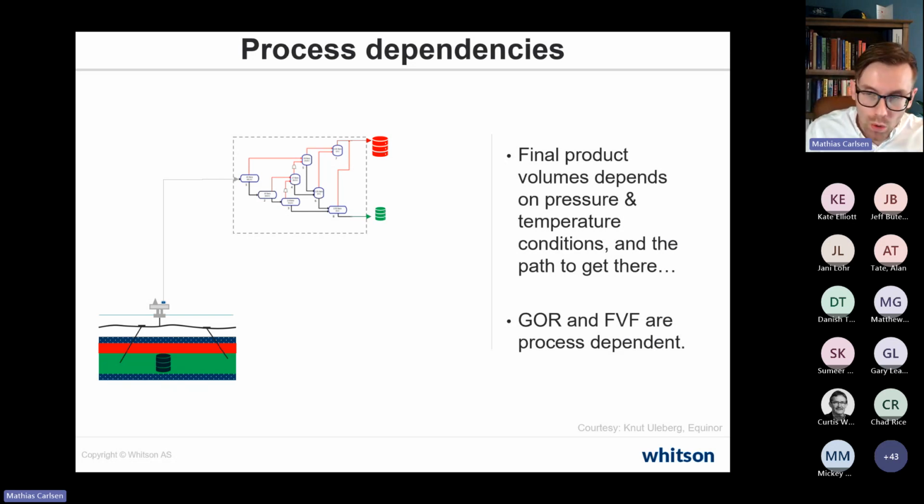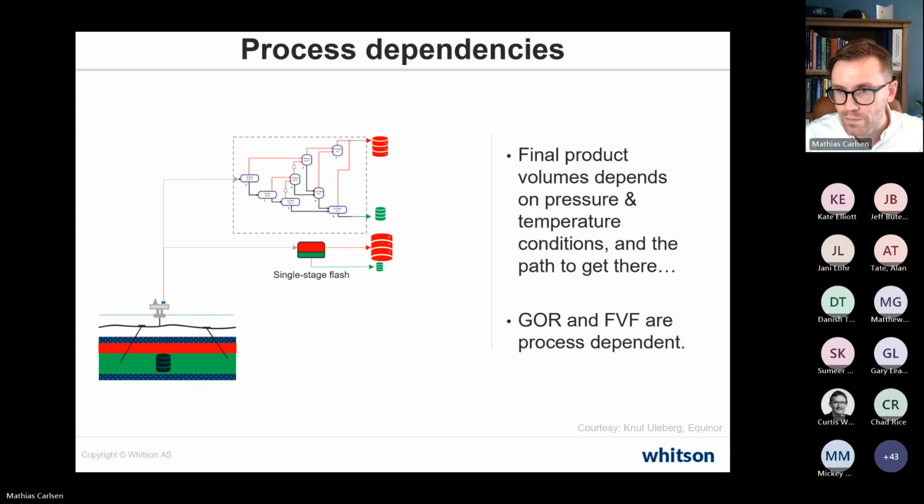So my GOR will be lower, and my formation volume factor, quote unquote the inverse of shrinkage, would also be lower. If I did the total opposite and just took the fluids and exposed them to surface, I would get the least efficient process, and I would get a much higher GOR and also a higher formation volume factor.